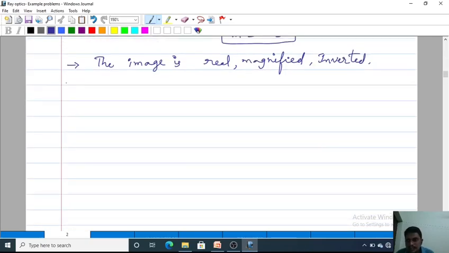Now the second location of the object, when the object is located at 5 centimeters. So u equals minus 5 centimeters. What is the position and nature of the image? Again we use the same formula.